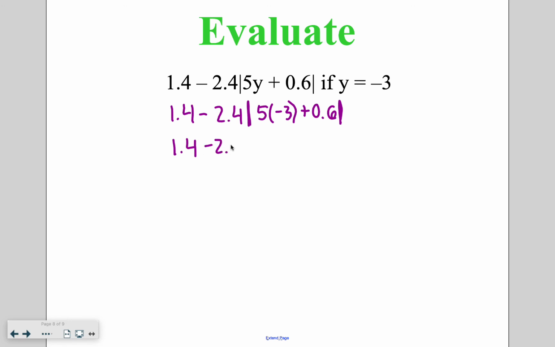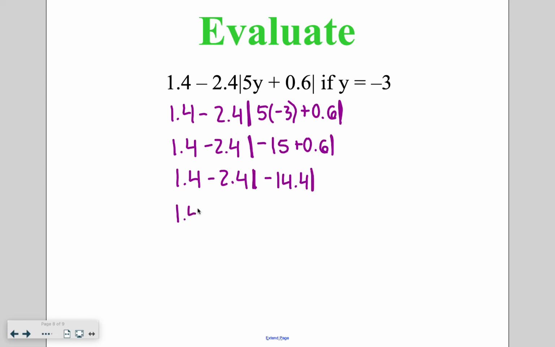So we got 1.4 minus 2.4 times the absolute value of -15 plus 0.6. Continuing inside, we've got -15 plus 0.6, which is going to give me -14.4.